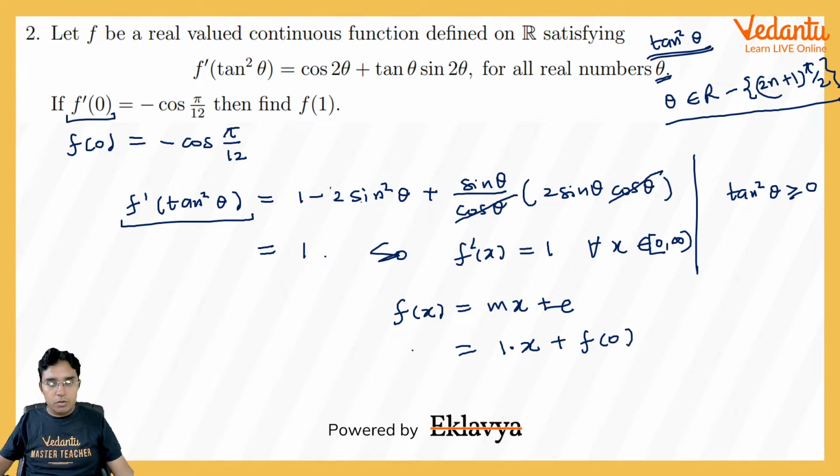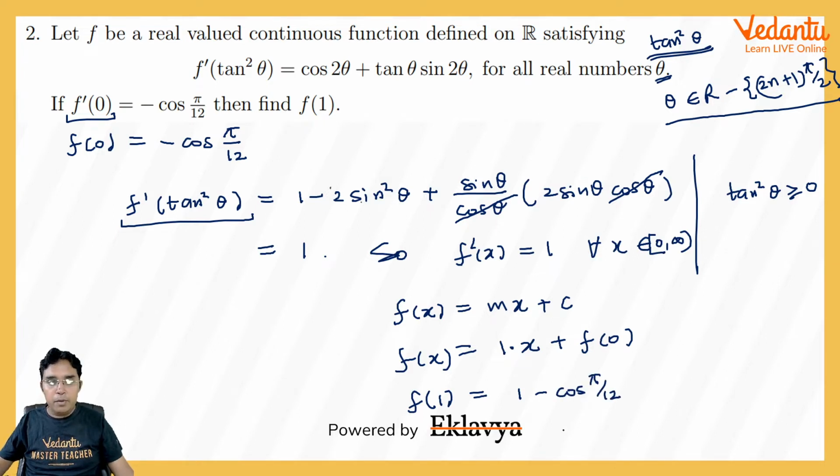If you put x is equal to 0, we get f0. We are given f0 also, and they are asking what will be f1. So to get f1, I can write this as 1, and the value of f0 is minus cos pi by 12.